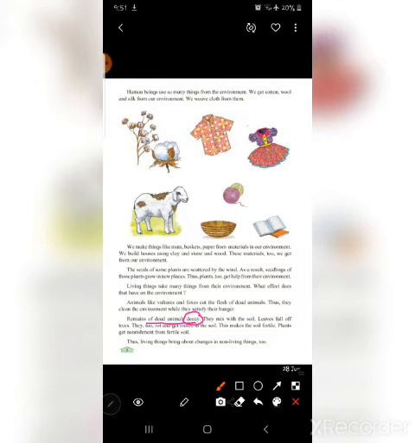It decomposes. So when the animals die, their remains, whatever flesh and bones are there of their body, it decays, it decomposes, it gets destroyed, and it mixes with the soil. And leaves fall off the trees.